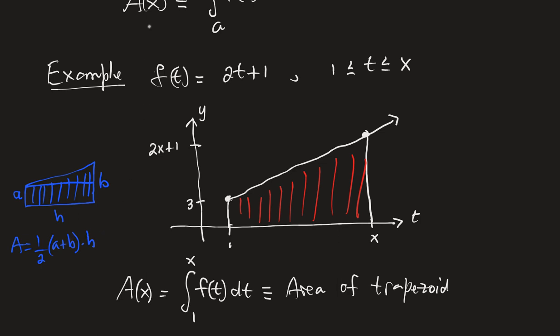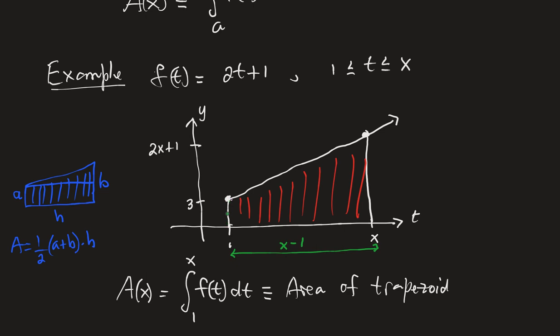But let's go ahead and label the necessary dimensions. This horizontal distance between 1 and x would represent my h, right? Well, what is that distance? It's whatever x is minus 1, so it's x minus 1. What about this height here?